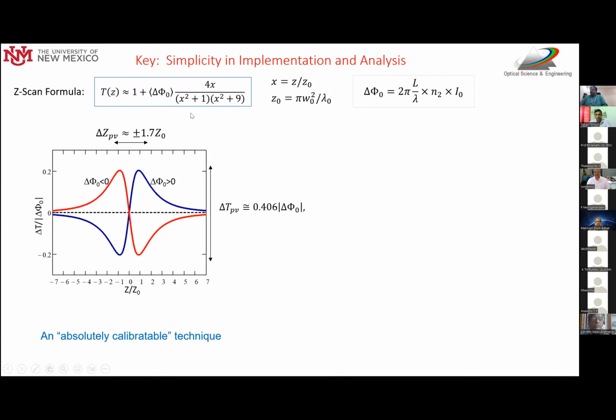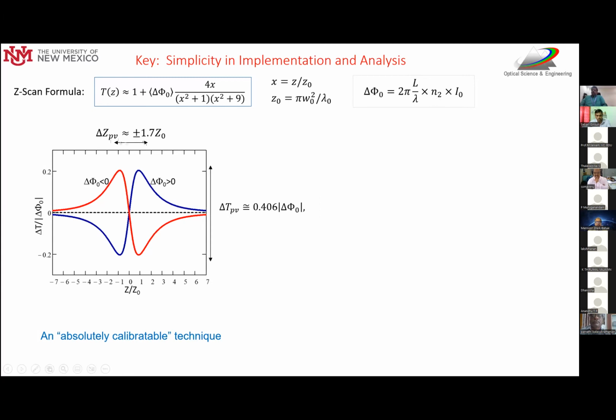And then the analysis is very simple, because with a very simple formula, or even if you don't use the formula, once you measure the peak and valley, the separation with this simple expression would give you the nonlinear phase shift on axis, which is proportional to your N2 times intensity.